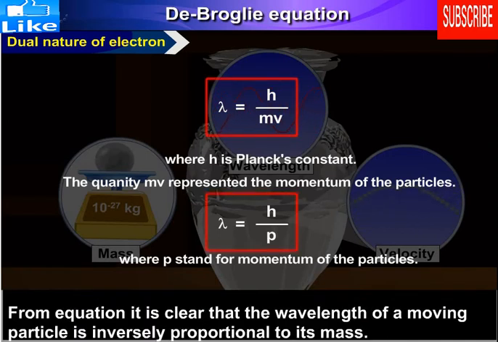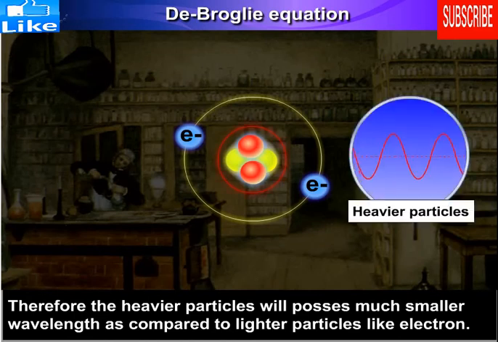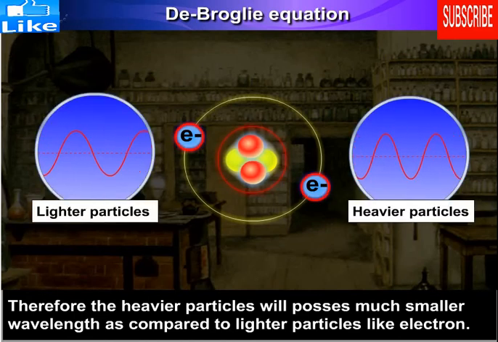From the equation, it is clear that the wavelength of a moving particle is inversely proportional to its mass. Therefore, heavier particles will possess a much smaller wavelength as compared to lighter particles like the electron.